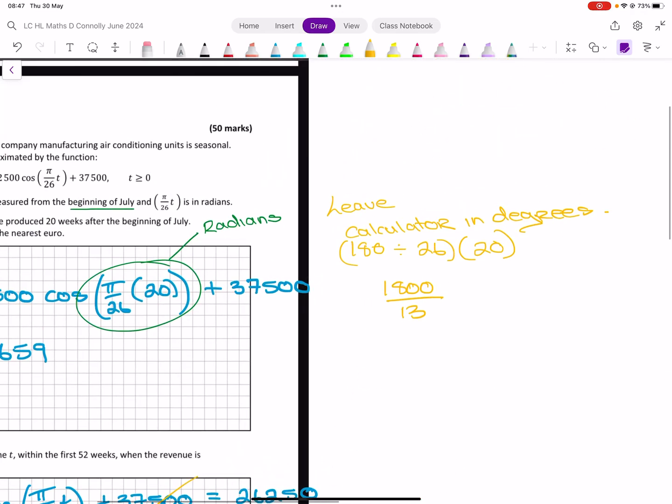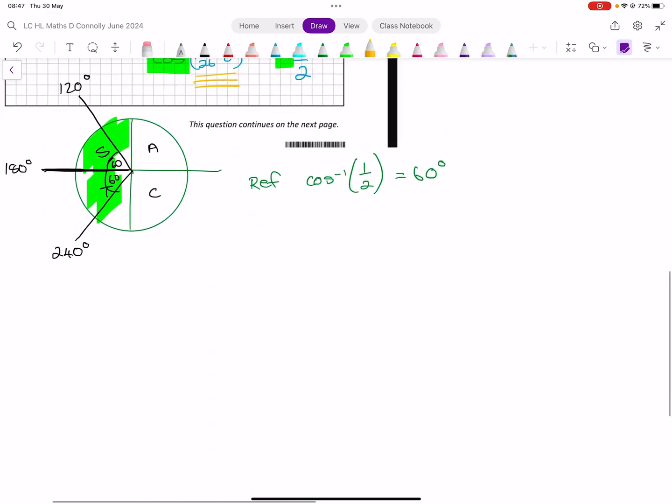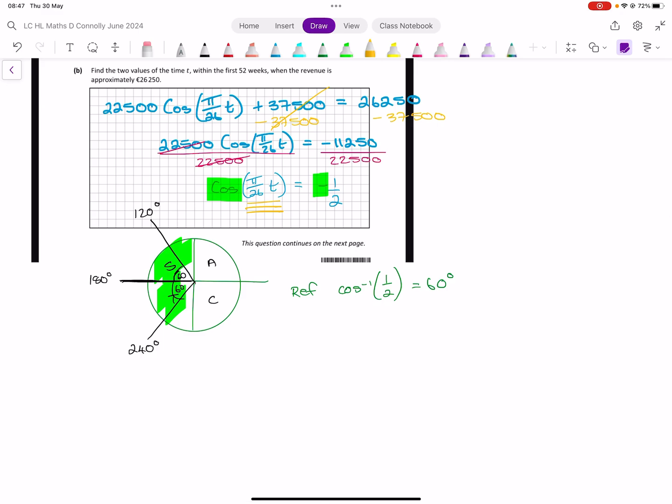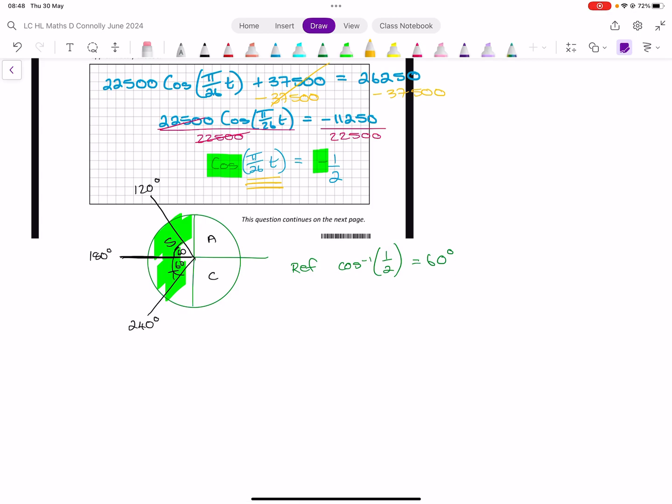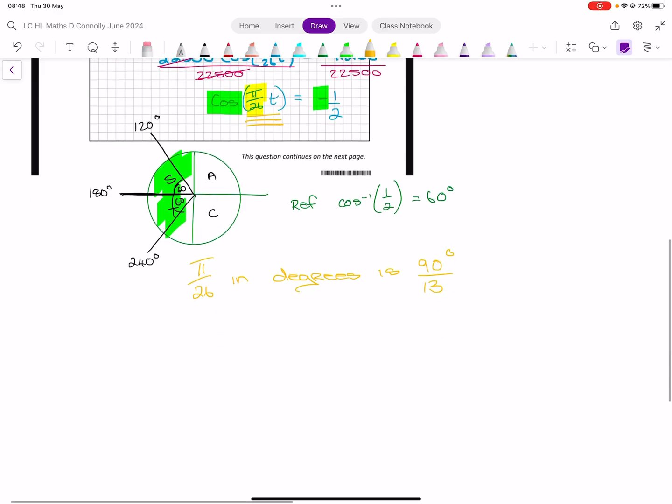It's pi over 26, so 180 divided by 26 is 90 over 13. What I'm doing is converting this into degrees. So pi over 26 in degrees is 90 over 13 degrees.